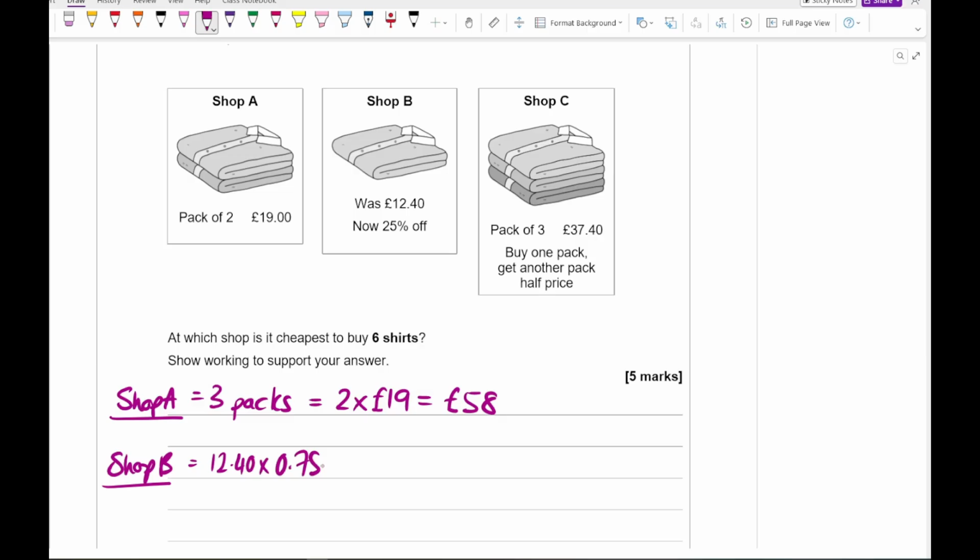So that means that one shirt is going to come to a cost of £9.30. So £9.30 per shirt. So then if I multiply that by 6, I get a total value of £53.80. Actually, it's £55. Let me just edit that.